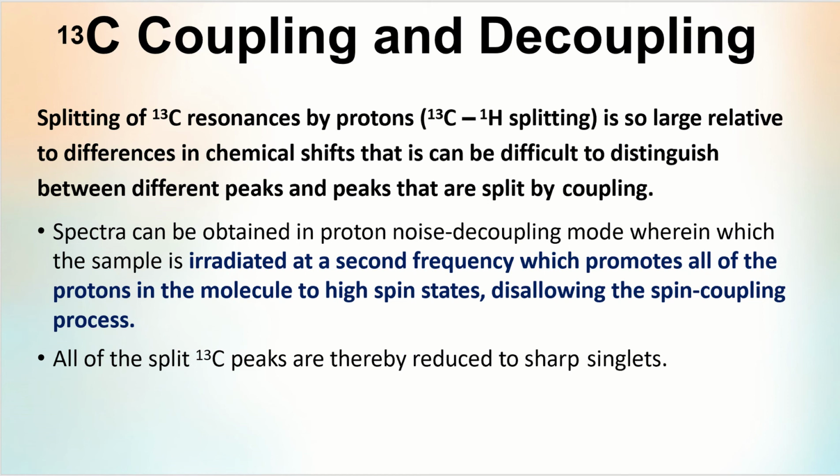And so spectra can be obtained in proton noise decoupling mode, wherein the sample is irradiated at a second frequency, which promotes all of the protons in the molecule to high spin states, disallowing the spin coupling process. So all of the split carbon-13 signals are thereby reduced to sharp singlets.